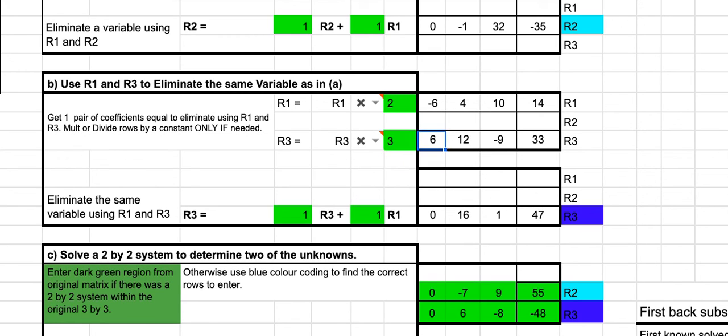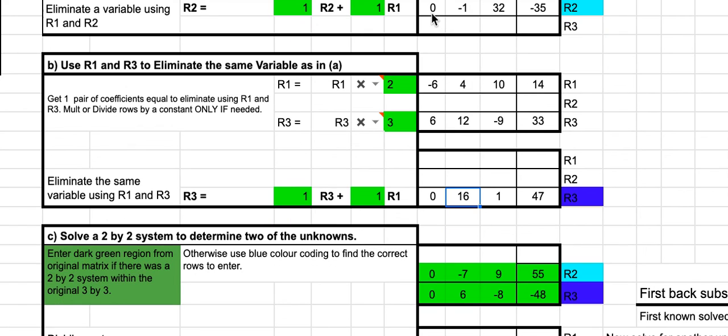And again, I have equal but opposite numbers, so I can add. It's set up to add right now, and it's added. So I've eliminated x from row 2 and row 3. If I don't have x in row 2 and row 3, what do I have? I have a system of two equations with two unknowns, y and z.